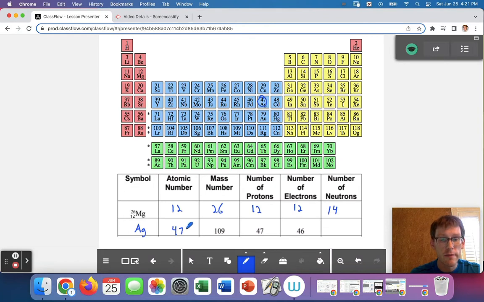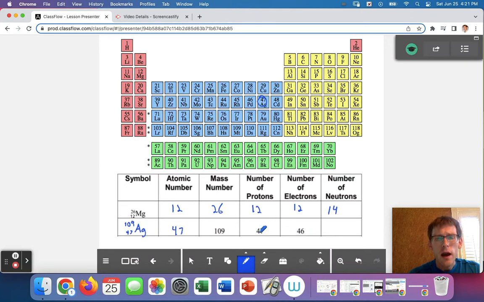That's easy enough. And I can also put that down here because this is where the atomic number and the number of protons goes. The mass number in the symbol is always going to be the top left, so that's my 109. And finally, I've got to figure out a charge and the number of neutrons.